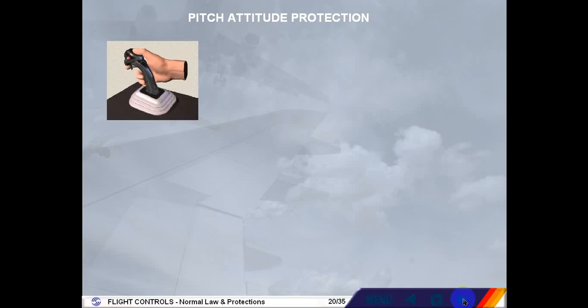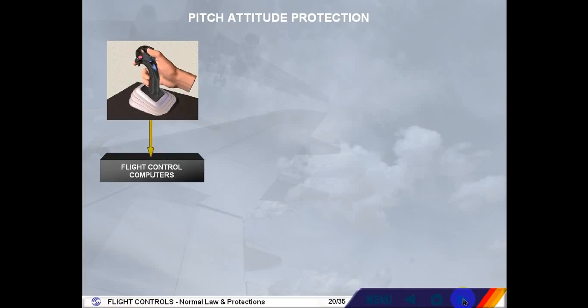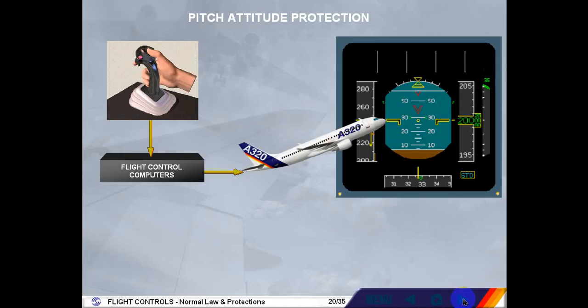As with the load factor limitation, if the aircraft reaches the pitch attitude protection nose up limits, then the flight control computers will override pilot demands and keep the aircraft within the safe flight limits. The pitch attitude protection limits are shown as small green dashes on the PFD.